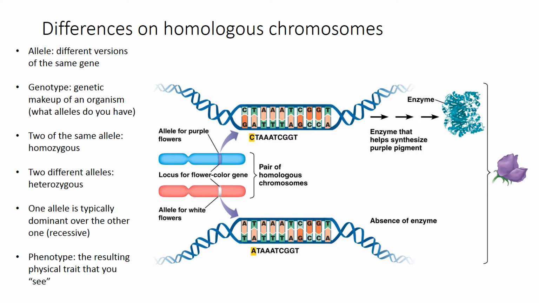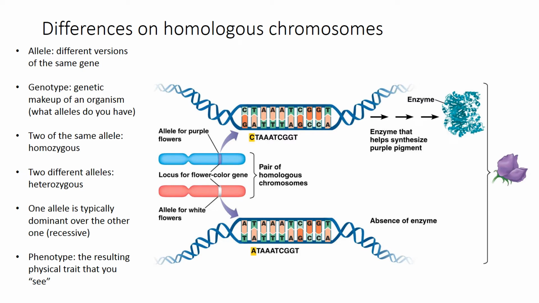For example, what it's showing you here is a blue chromosome and a red chromosome from two different flowers that are mating together. In the blue chromosome, the gene for flower color has a C at this position. In the red chromosome, there's an A at that position. These are not always called mutations.